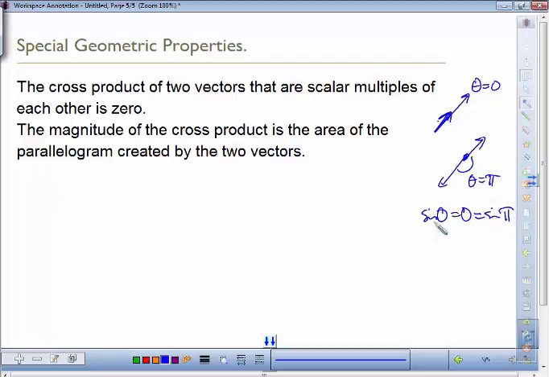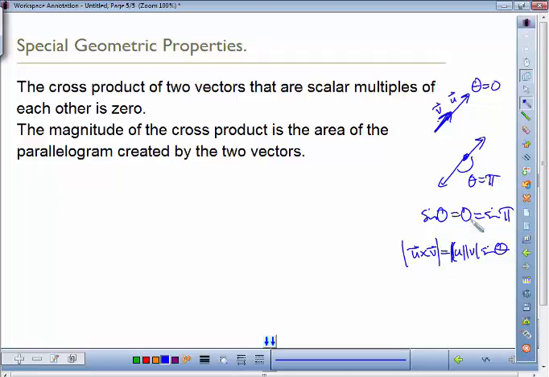So sine of 0 is 0, sine of pi is 0, which means, according to the geometric definition, let's call these U and V. The magnitude of U cross V is equal to, oh wait, we got the absolute value here, the magnitude of U, magnitude of V, and sine of the angle between them.